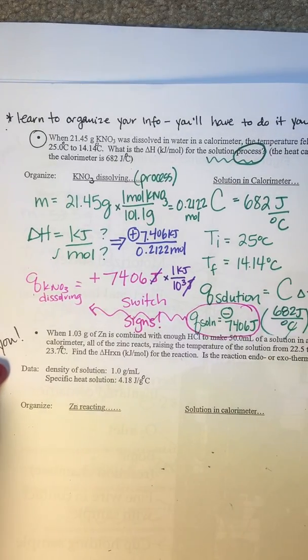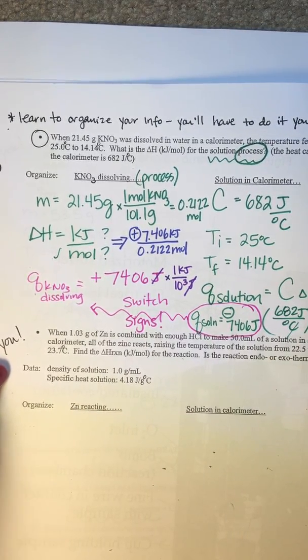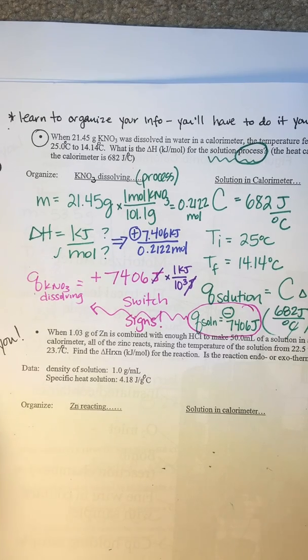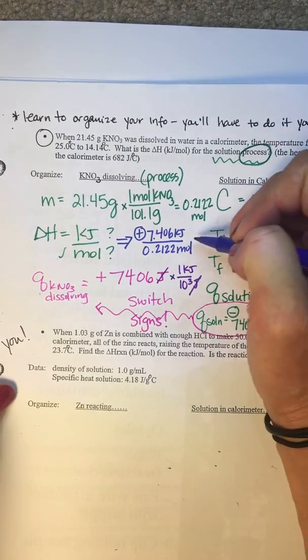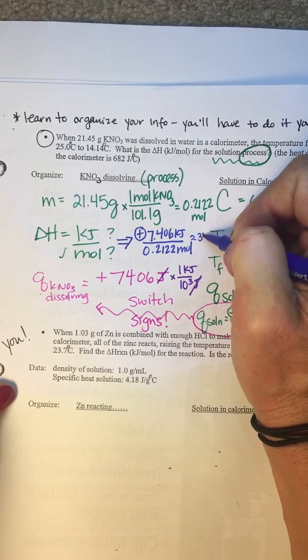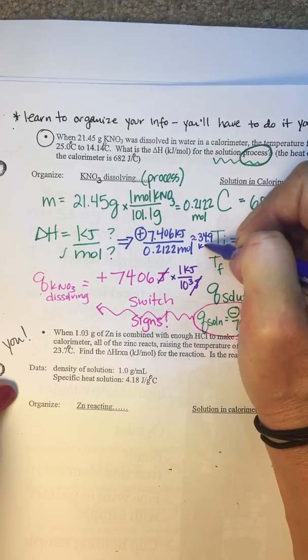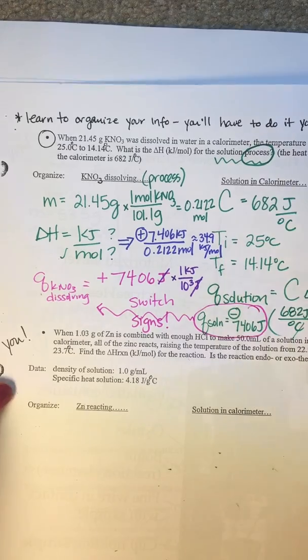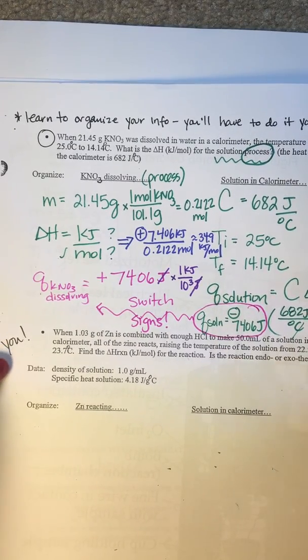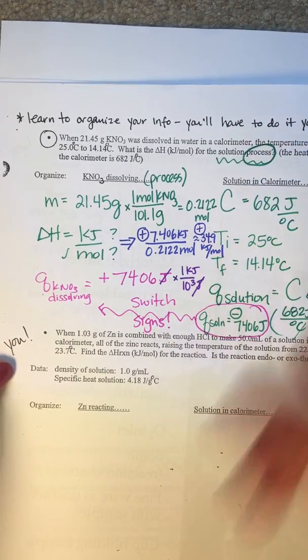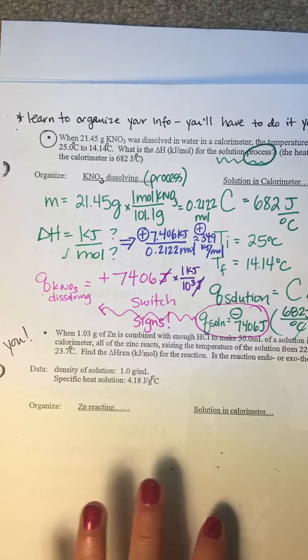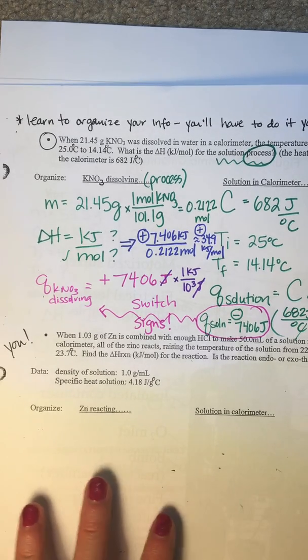And then we can go ahead and divide that out. So I'm getting about 34.9. And our units are kilojoules over moles. Okay? And of course, notice this is really positive. What does that positive value tell you?